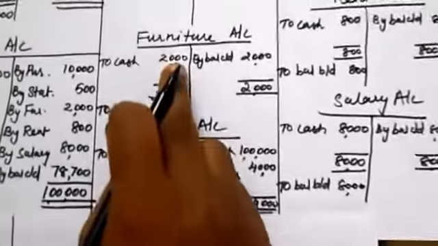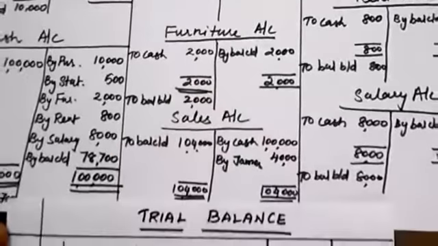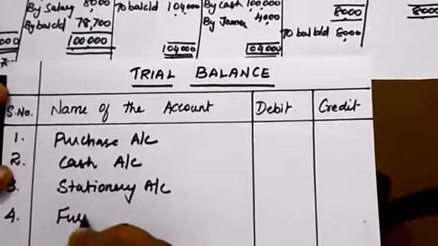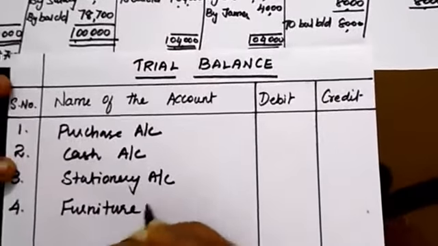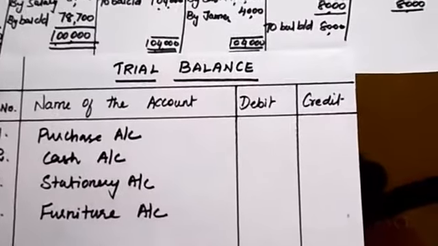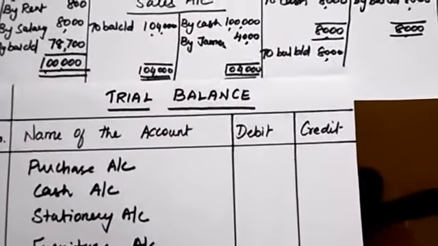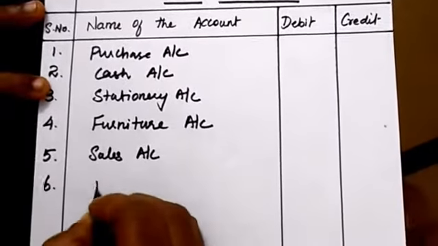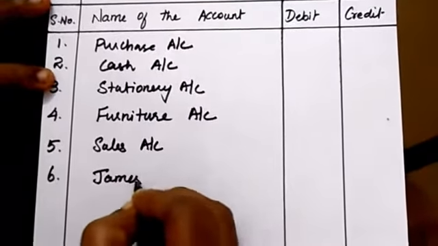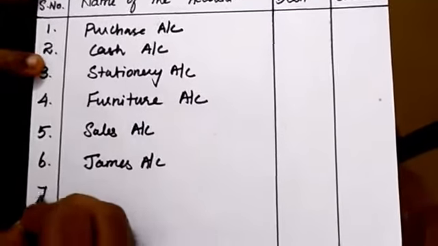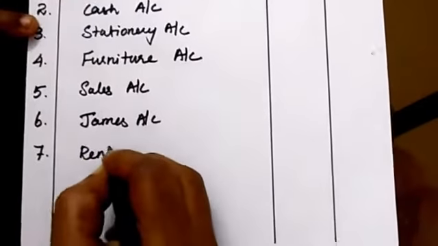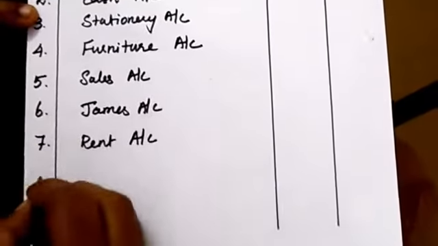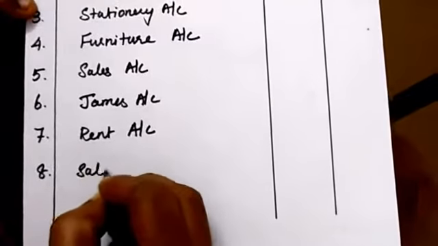Fourth one, furniture account. Fifth one, sales account. Sixth one, James account. Seventh one, rent account. Eighth one, salary account.